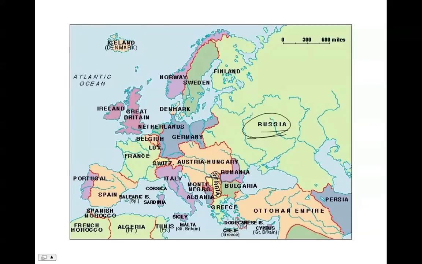Serbia was like Russia's little brother. And there were several reasons. Number one, the people in Russia and Serbia belonged to the same religion, okay, which was Eastern Orthodox.